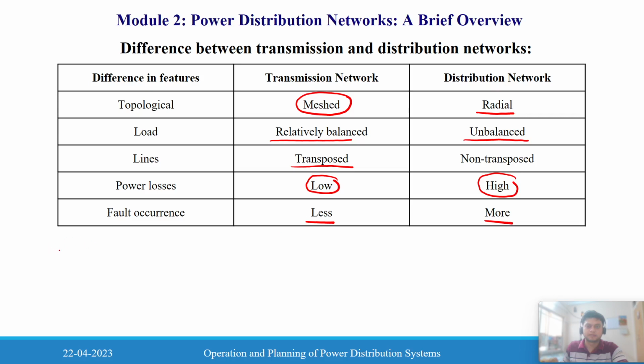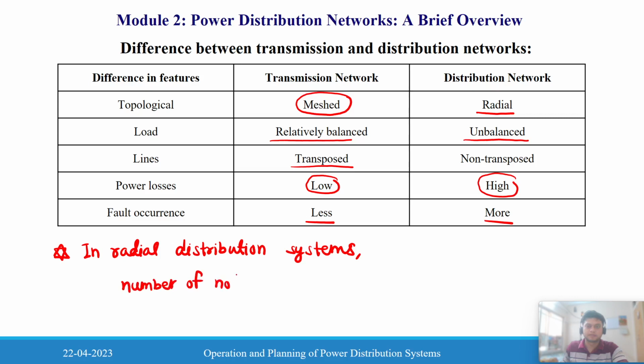And one point I would like to add here: in radial distribution systems, the number of nodes is equal to the number of lines plus 1.